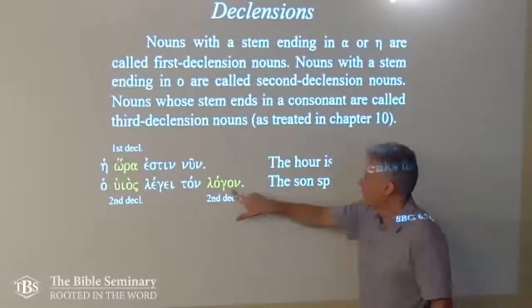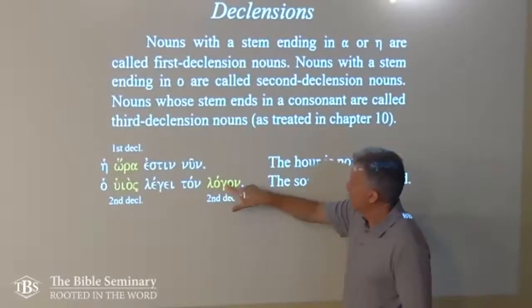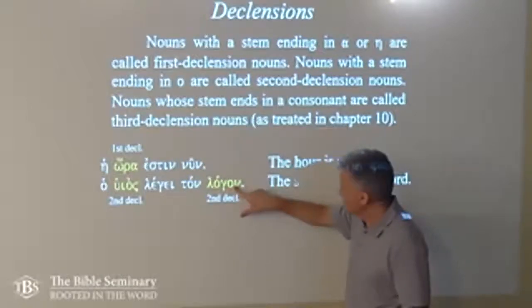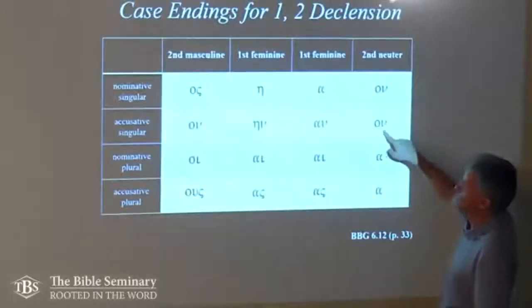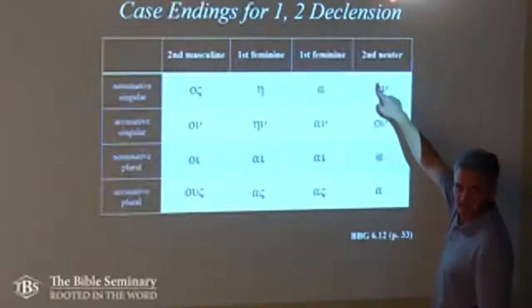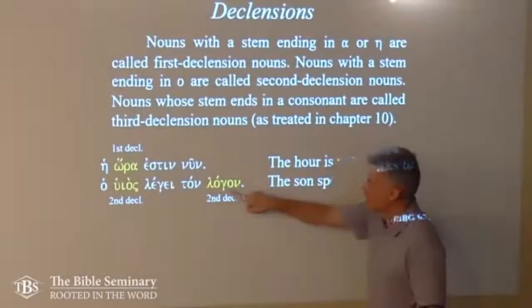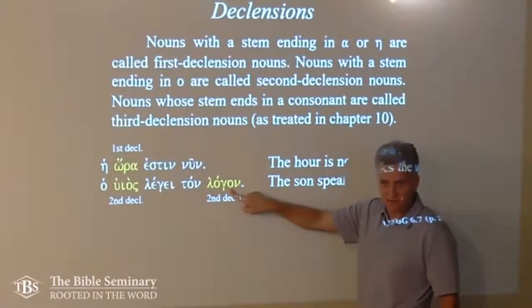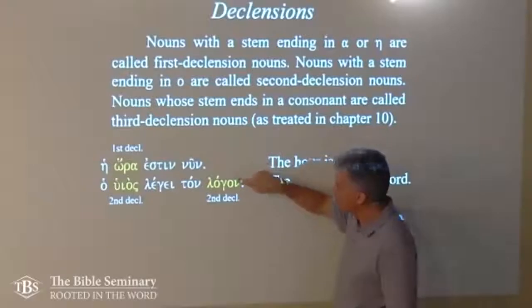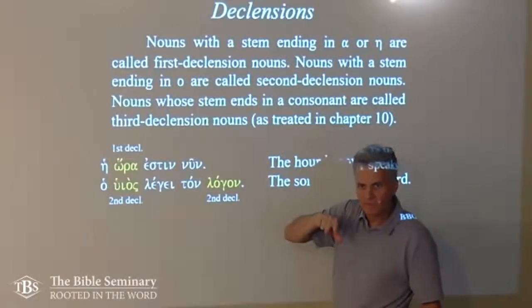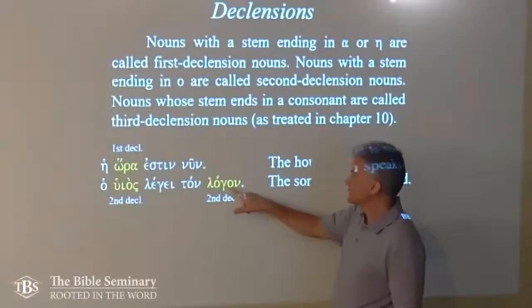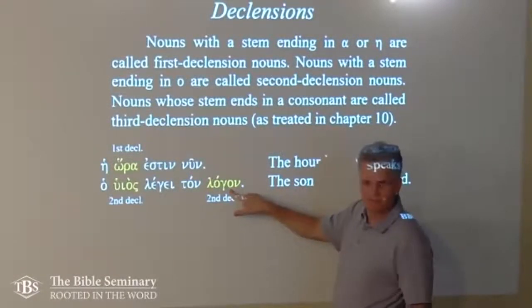Here, logon. Masculine accusative singular and not neuter, right? Because I know that this comes from logos. So it's not neuter, it's masculine. It's masculine accusative singular from logos, and its meaning is word.